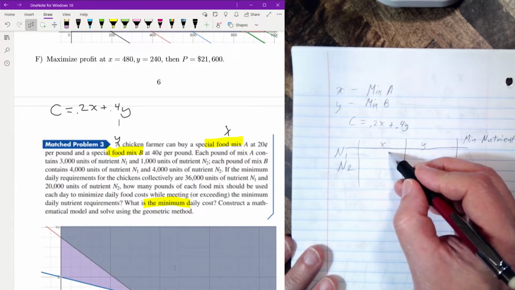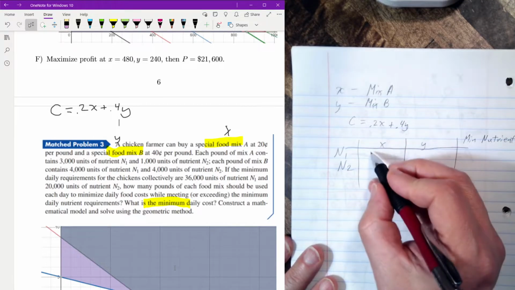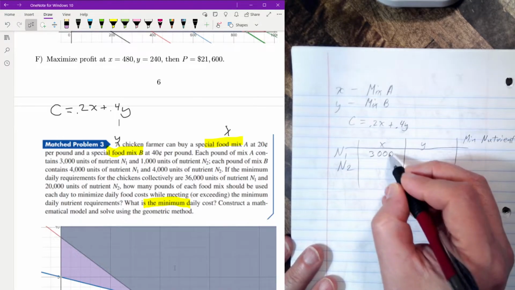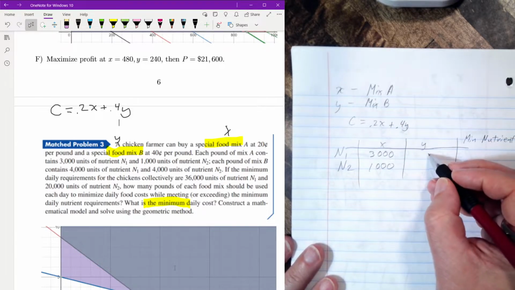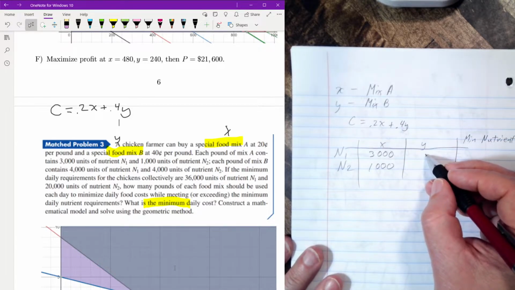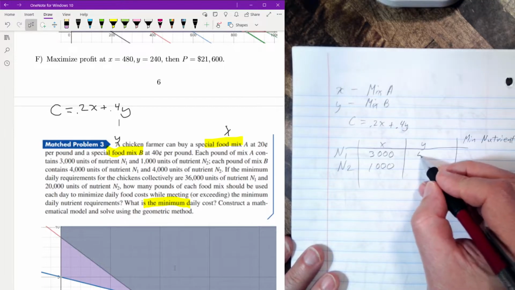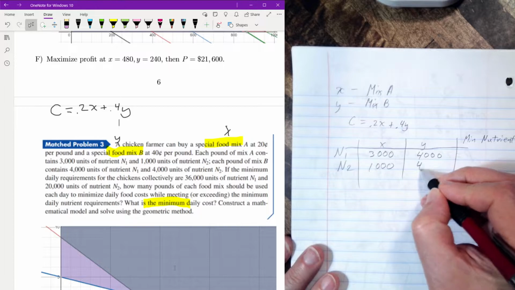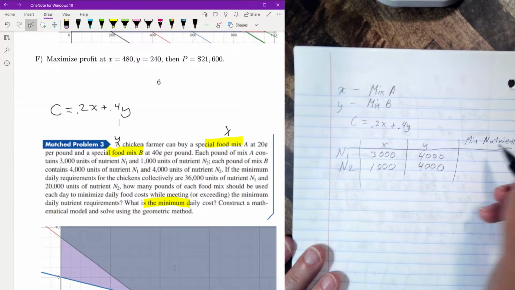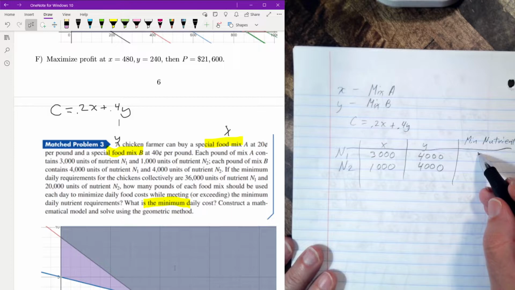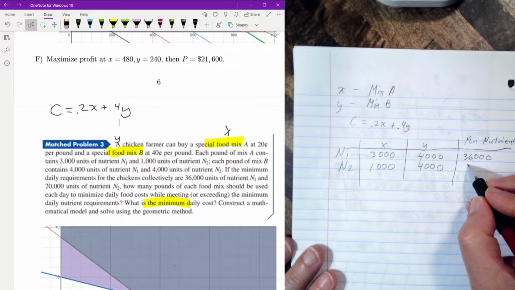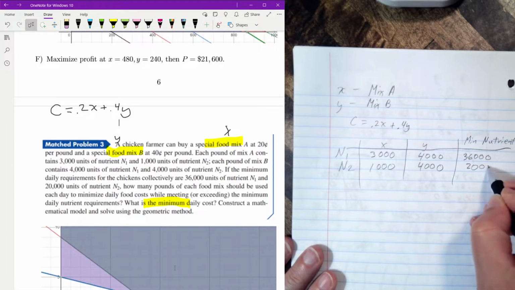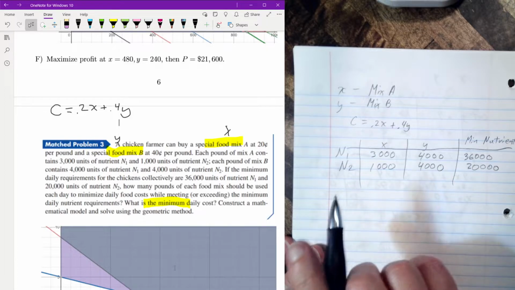Each pound of mix A, X, contains 3,000 of nutrient 1 and 1,000 of nutrient 2. And mix B, Y, contains 4,000 of each. Our minimum for nutrient 1 is 36,000 and for nutrient 2 is 20,000. Okay, so now we have our table.